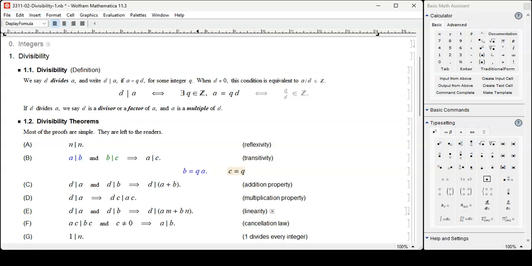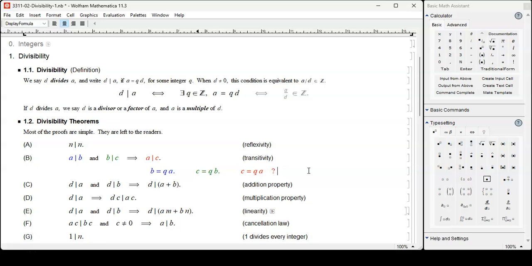C should be some q times B, right? And then with these, you have to prove A divides C. So C is some q times A. That's what you have to do, right? Is that it? Wrong.